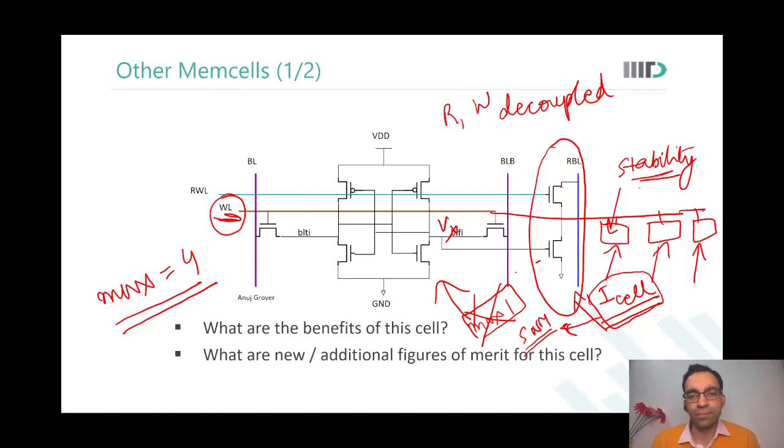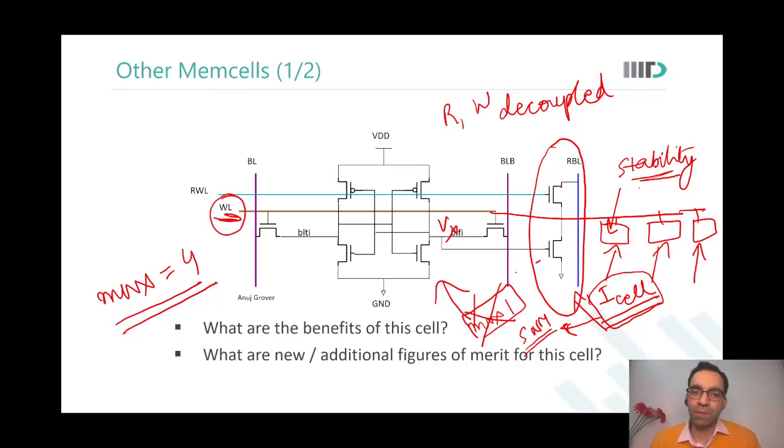Ranjit? Sir, when we are using mux greater than 1, then this is even an issue in the normal 6T SRAM cell, sir. Yeah. 6T SRAM cell, so you anyway have to take care of stability. See, I started the discussion on this cell by saying, oh, read write are decoupled, so stability is no longer a concern. Now I am saying, no, stability remains to be a concern if my mux is greater than 1. Okay, yes, sir.